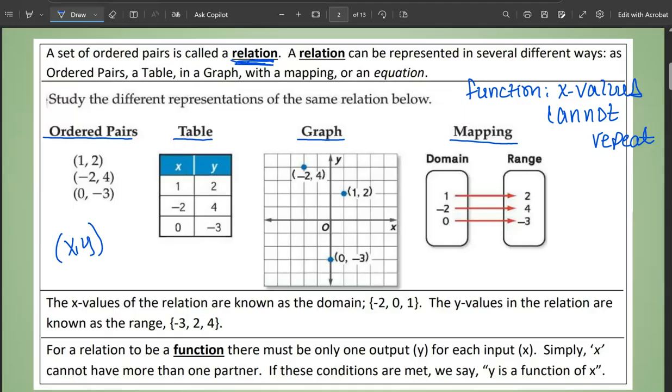So you can't have two x's going to two different y values. So more mathematically, there must be only one output for each input. Simply put, x cannot have more than one partner. If these conditions are met, we say y is a function of x.